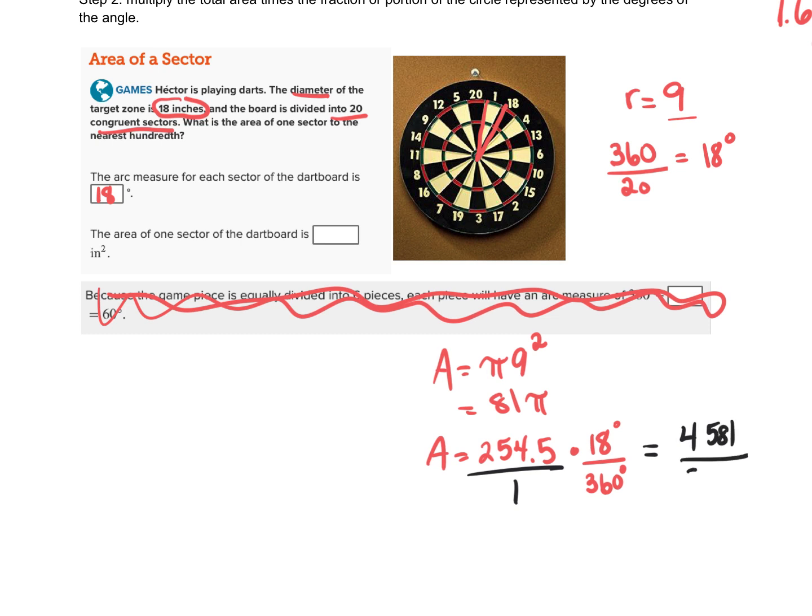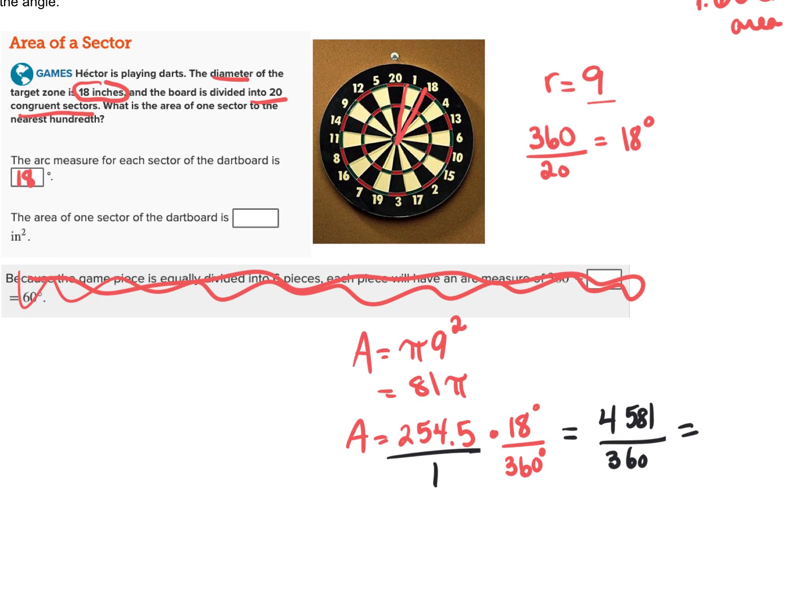And then 1 times 360, of course, is 360. So to get my final answer, I'm going to divide 4,581 by 360 to get a total area of the single little sector that's 18 degrees to be 12.73 inches squared. So the total area of the dartboard is 254 inches squared.